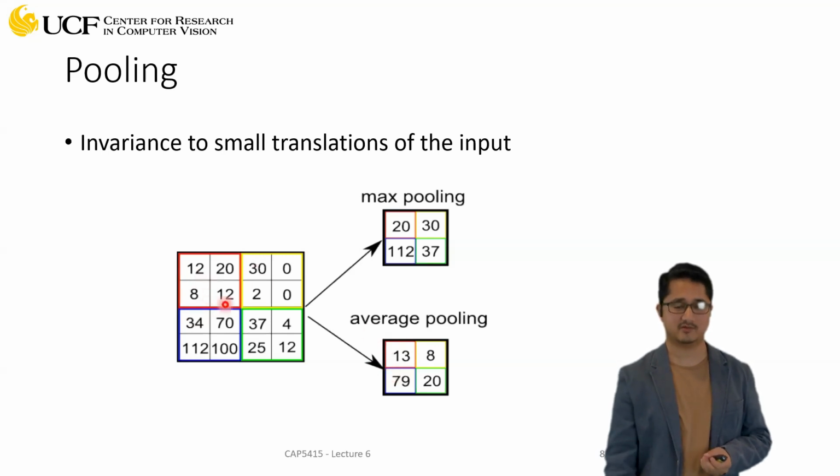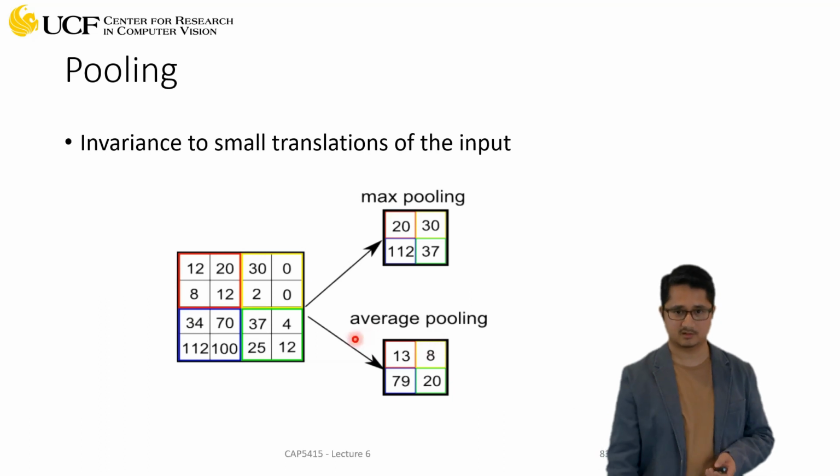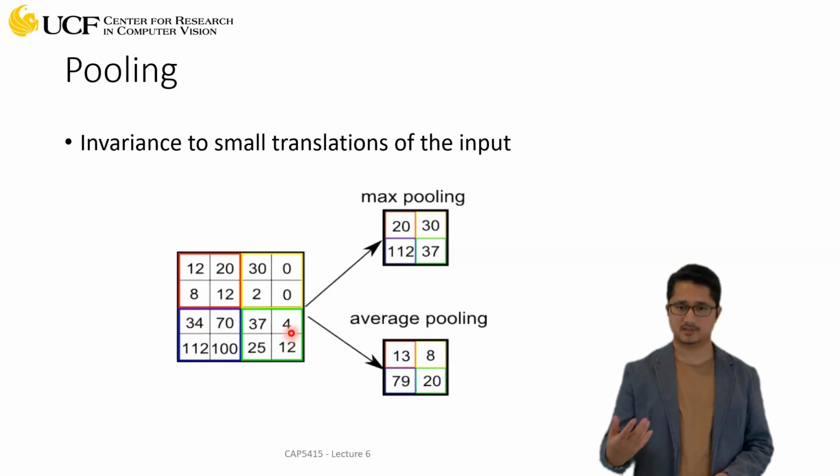We are just taking the average of these values. So we don't need any kernel for that. It's a different story how it's implemented mathematically. But conceptually, we don't need any kernel for max pooling, and we don't need any kernel for average pooling. So this operation can be performed by just looking at these values. Okay, we don't need anything else. Now, again, there are some hyperparameters here.